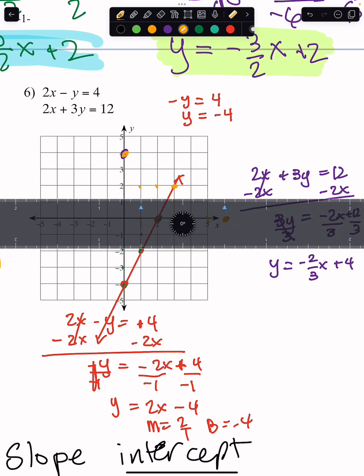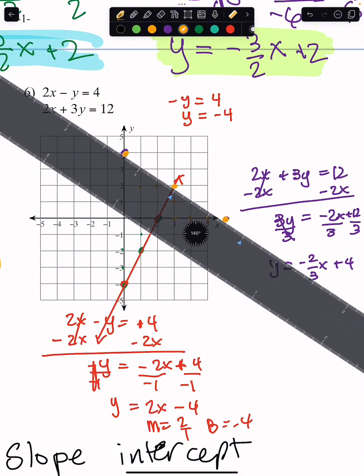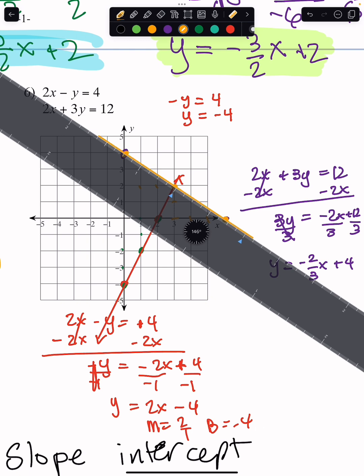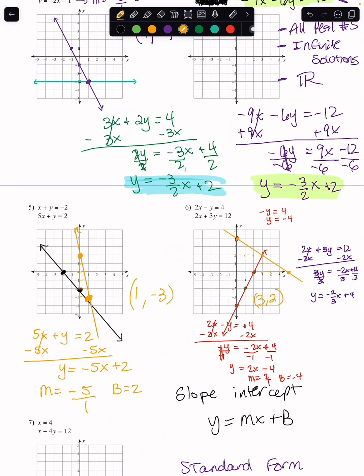And then again, the question is, where do these two cross? They cross at 3 and positive 2. Okay, so there's that. And finally, we got one more left. This is an x equals.